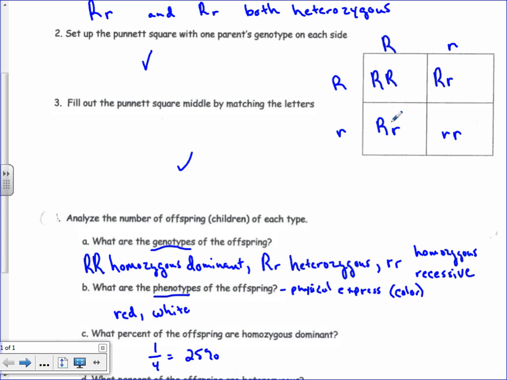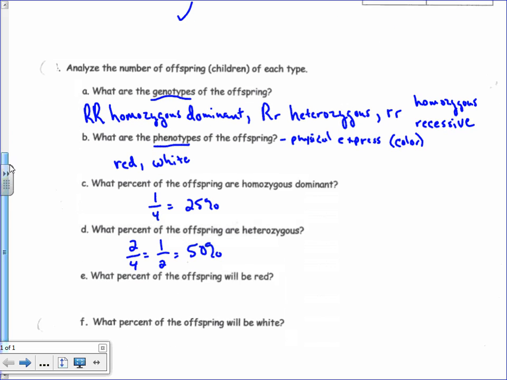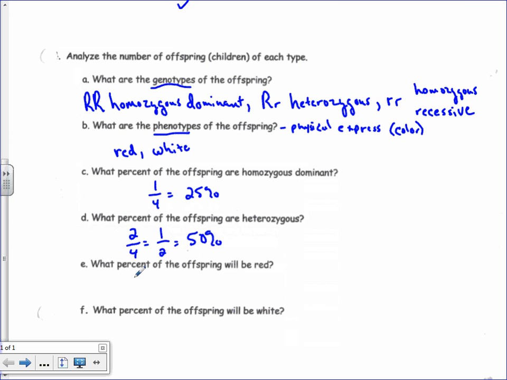If the dominant is there, then it's going to overshadow the recessive. The recessive will not be expressed. So 1, 2, 3 out of the 4 total are going to be red. So that's 75%.